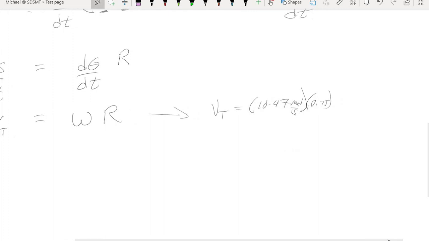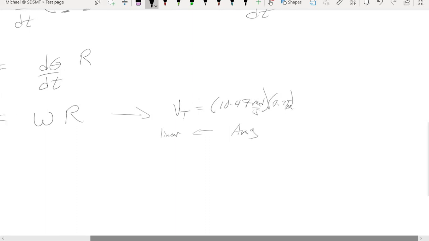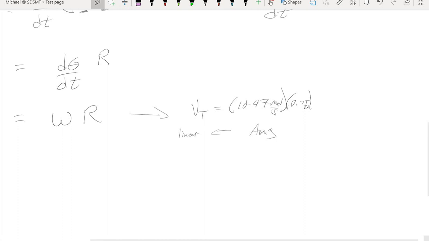We have our 0.25 meters times the 10.47 radians per second. Now again, we are converting from angular to linear values. So what do we do with the radians? We put them in our back pocket. And when we do that, the combined units should come out to be just meters per second.